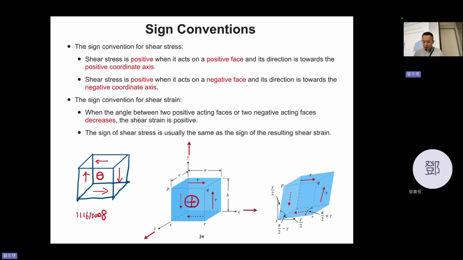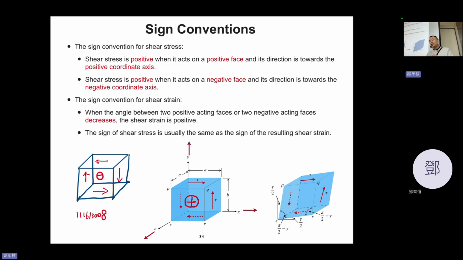So you see that. Let's examine a little bit, right? This surface is a positive x direction surface, but the shear stress is along negative y. So positive times negative is negative, right? How about this one? This one is a negative y direction surface, and this is a positive x direction.